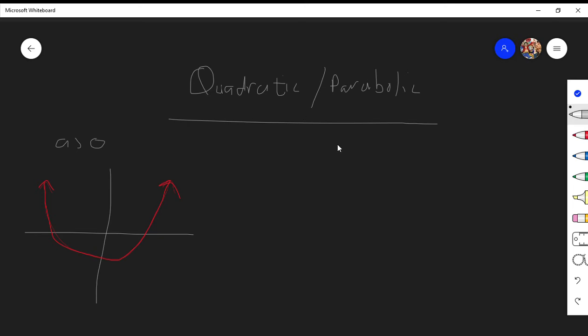And whenever our value of a is less than 0, meaning negative, our quadratic function will have a sad face, such as this.